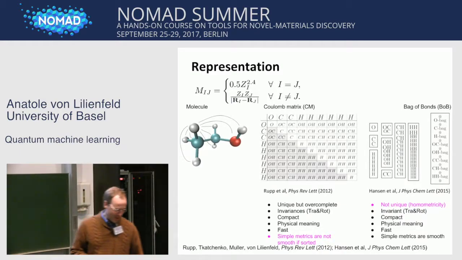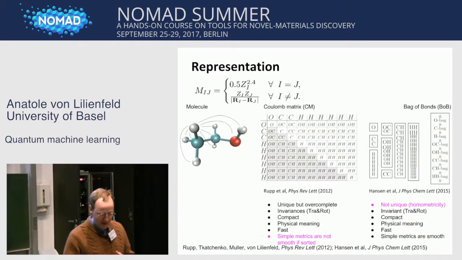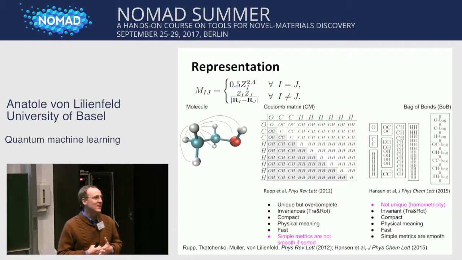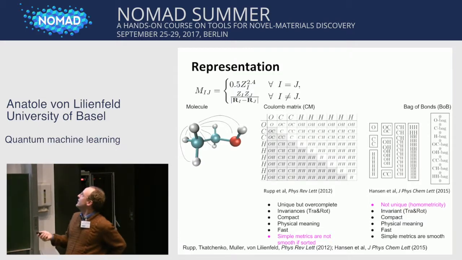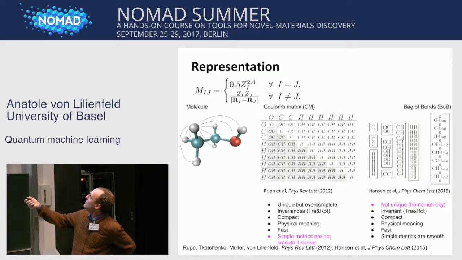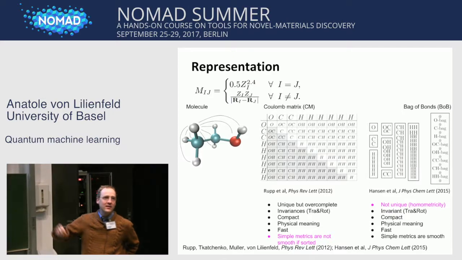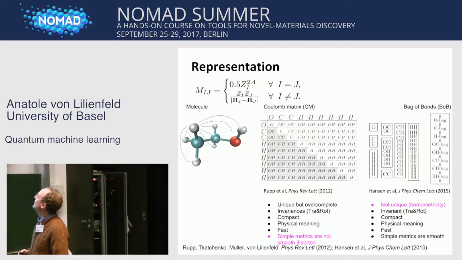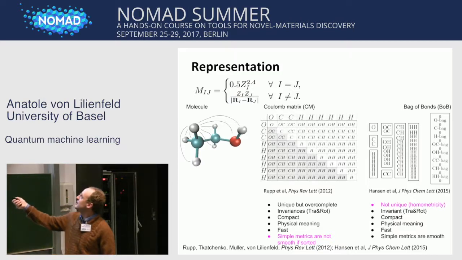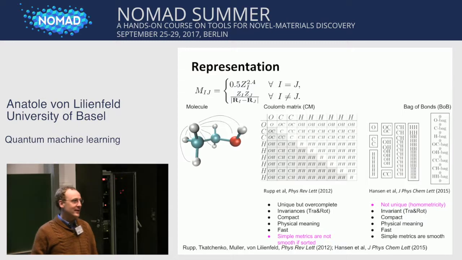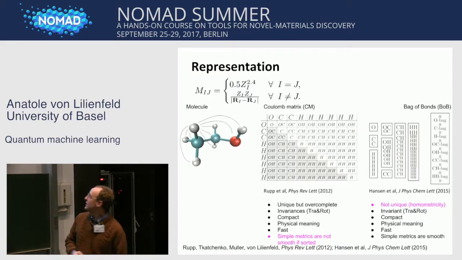In order to do this, of course, you need a certain representation with which you can quantify the similarity. And the thing that we came up with was this Coulomb matrix, an atom-atom adjacency matrix, which is the complete information you have, and we place a Coulomb term on the off-diagonal, the Coulomb repulsion between the nuclei, and hence the name.